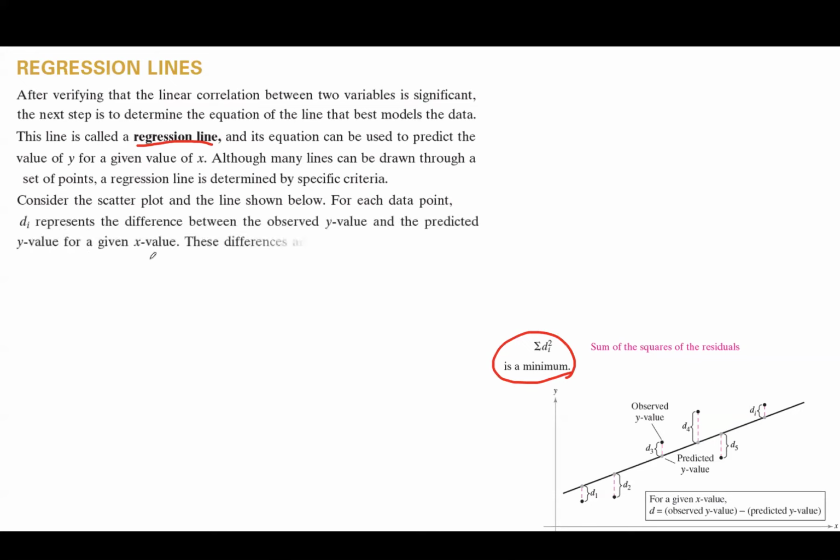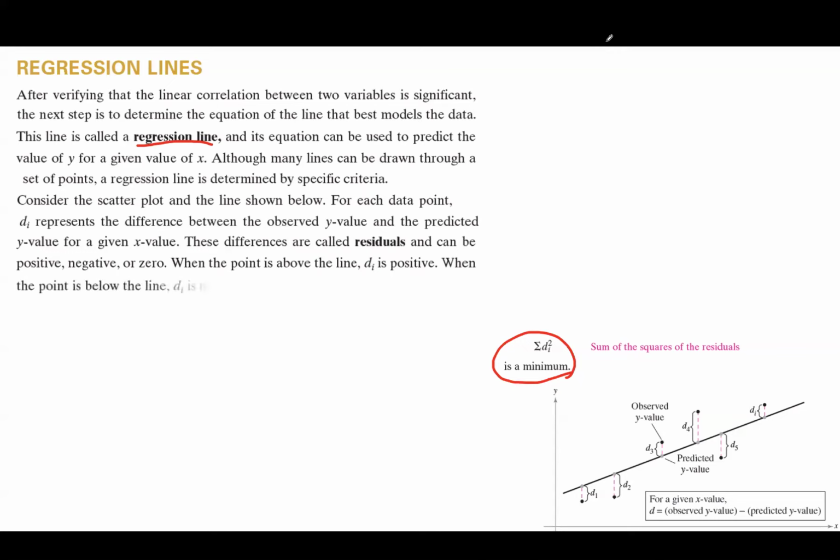As I mentioned before, if the actual y value is below the regression line, then you get a negative residual. If the observed y value is above the regression line, you get a positive residual. If your observed y value is located on the line itself, then the predicted y value and the actual y value have no difference and the residual is 0.